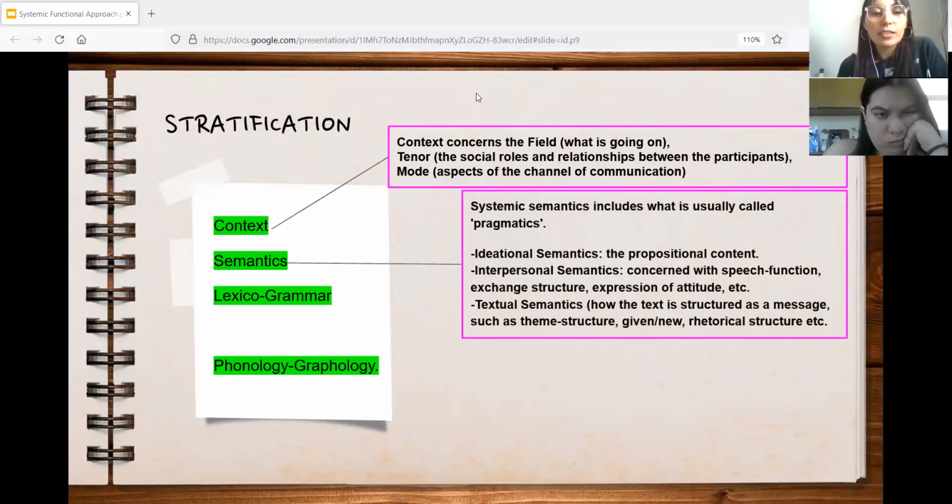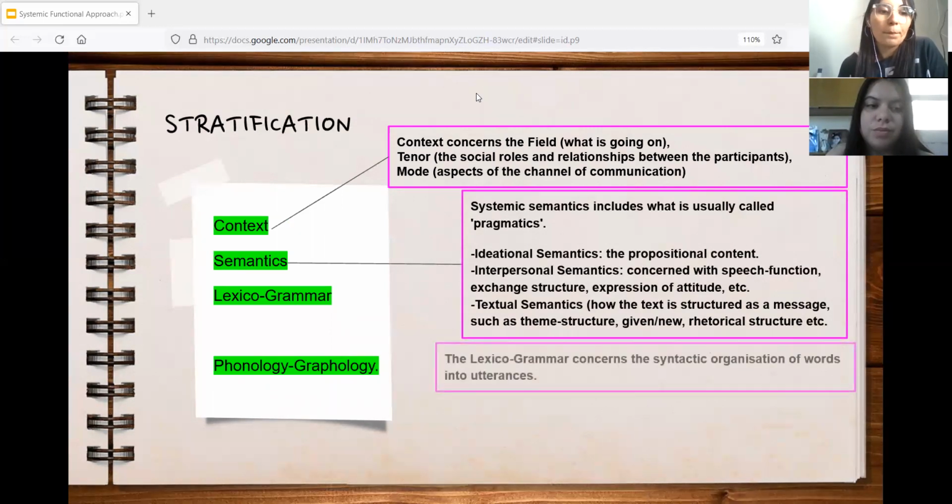Systemic semantics includes what is usually called pragmatics, and it is divided into three components. Ideational semantics, that is the propositional content; interpersonal semantics, which is concerned with the speech functions, exchange structure, expressions of attitude, etc.; and textual semantics, that is how the text is structured as a message, such as theme structure, given-new, rhetorical structure, etc. The lexicogrammar concerns the syntactic organization of words into utterances.